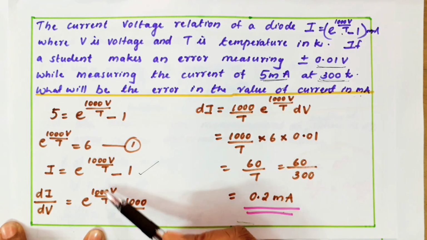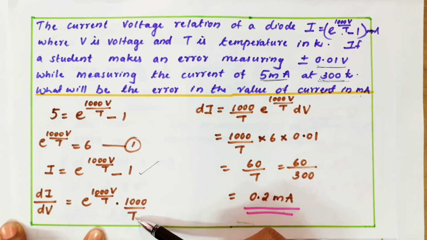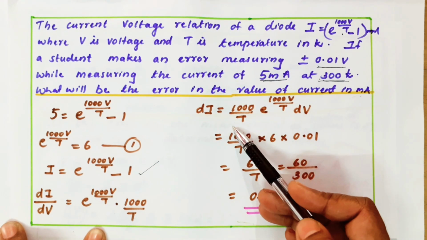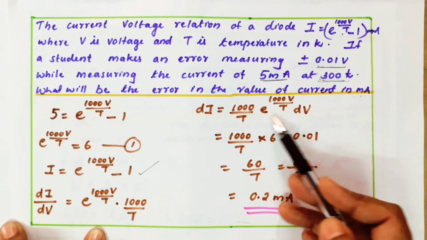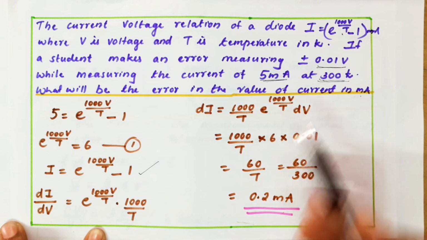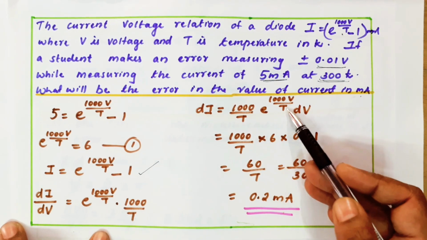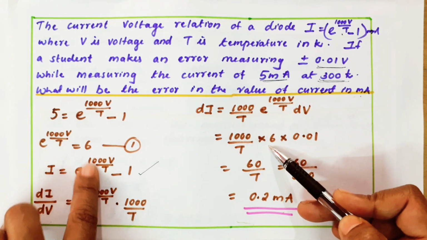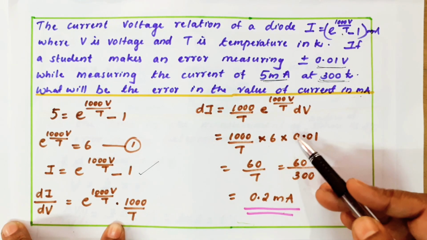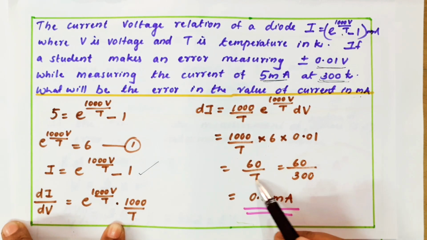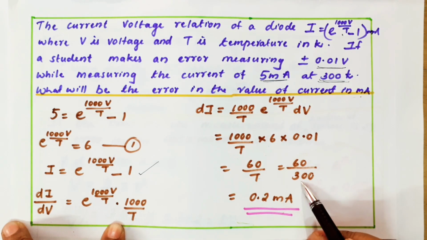So here, e to the power of 1000 V by T into 1000 by T. So dI is 1000 by T into e to the power of 1000 V by T into dV, that is 1000 by T into 6 into dV. What is dV? 0.1 volt. So 60 by T, that is 60 by 300.